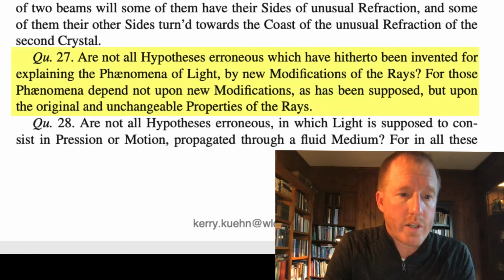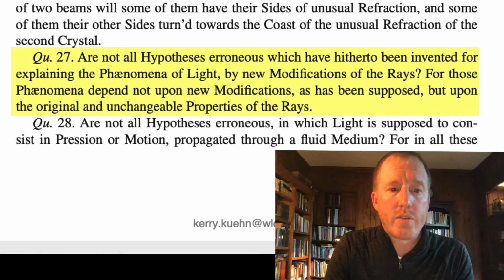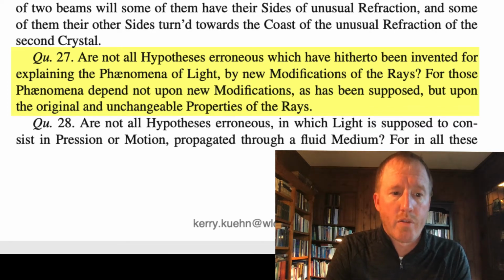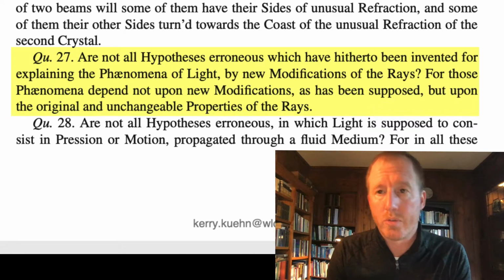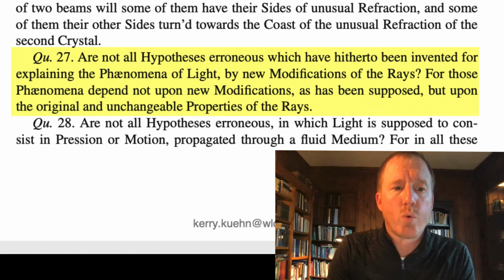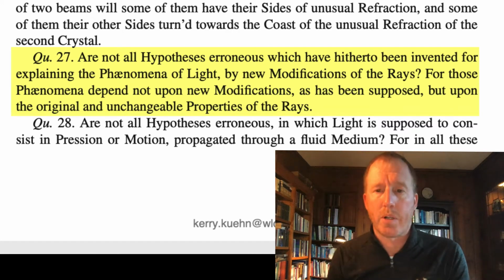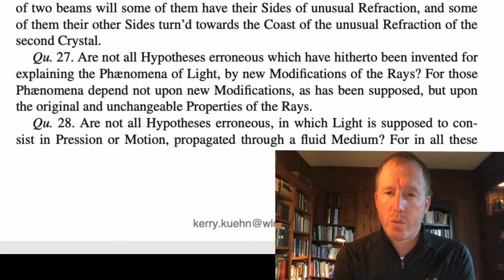He says, query 27, are not all hypotheses erroneous, which have hitherto, that means up until now, been invented for explaining the phenomena of light by new modifications of the rays? For those phenomena depend not upon new modifications, as has been supposed up until Newton, but upon the original and unchangeable properties of the light rays. So what is he getting at?